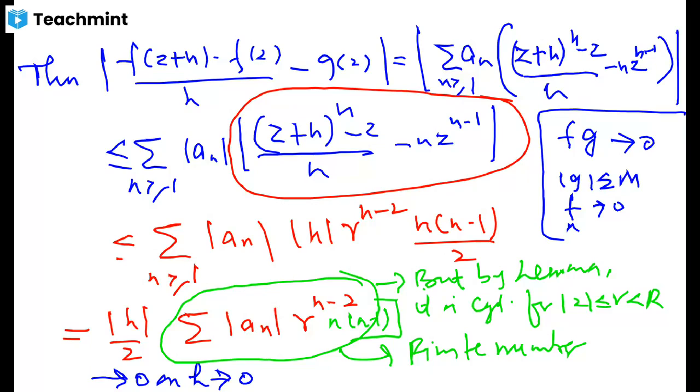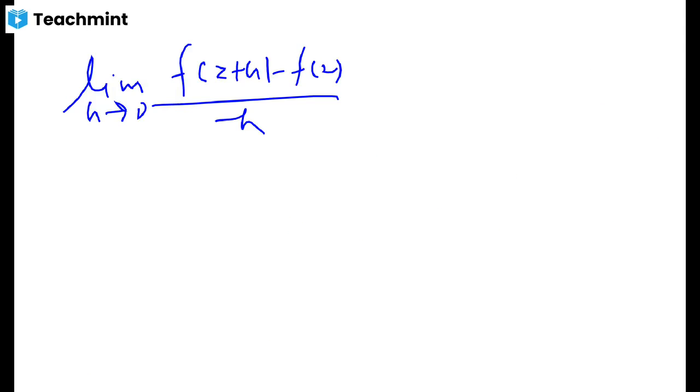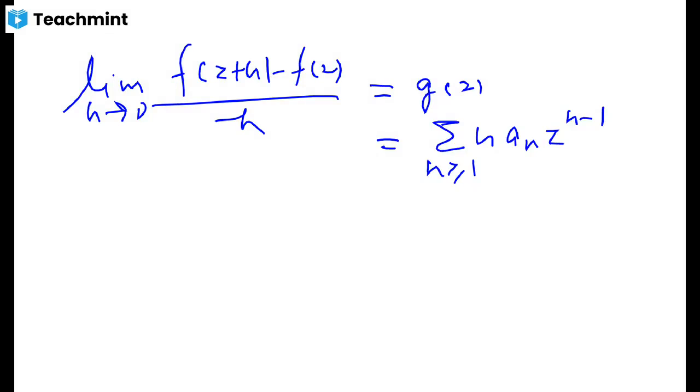Hence, it implies that this limit as h goes to 0 of f of z plus h minus f of z over h exists, and this limit is g of z, equal to the summation n greater than or equal to 1 of a n z to power n minus 1. That implies that the derivative of f at z exists, where z was an arbitrary point in the disk of convergence.